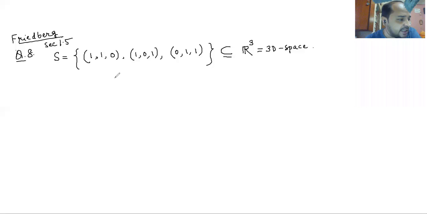Now in the question we are to check whether this set is LD or LI.